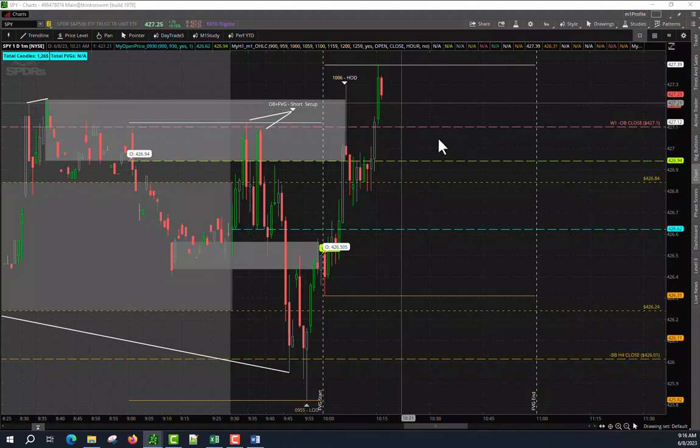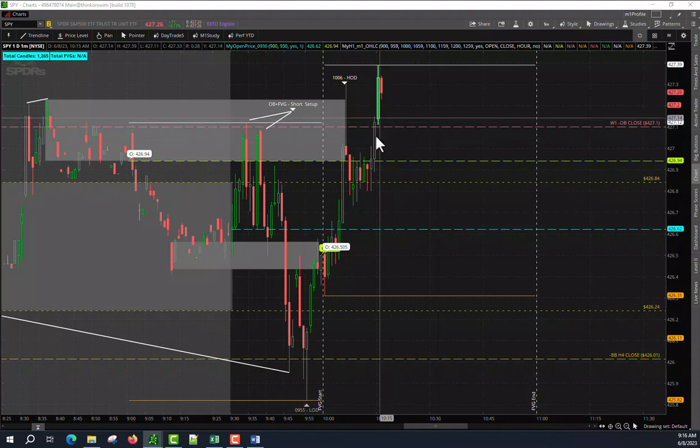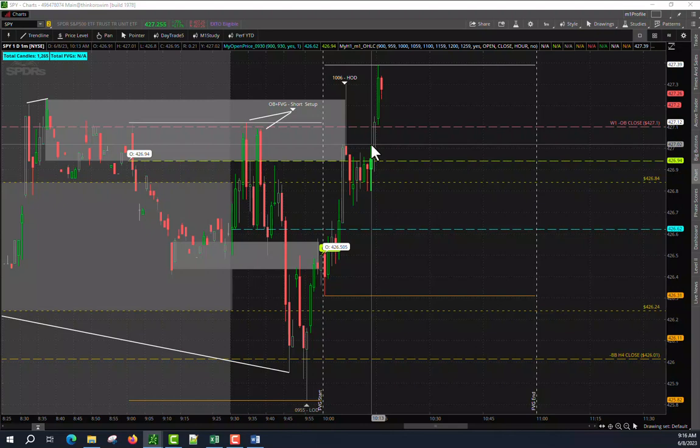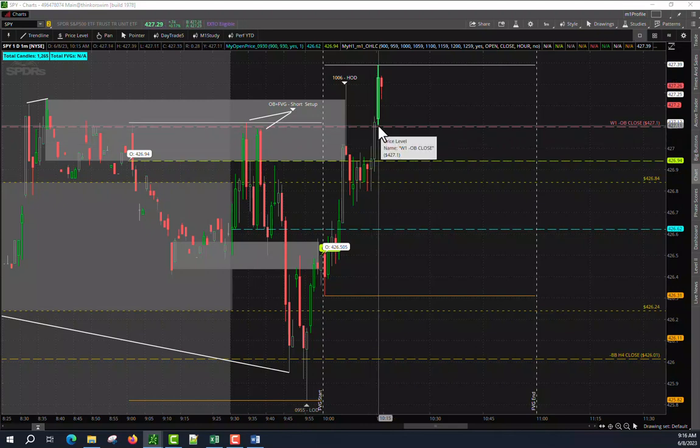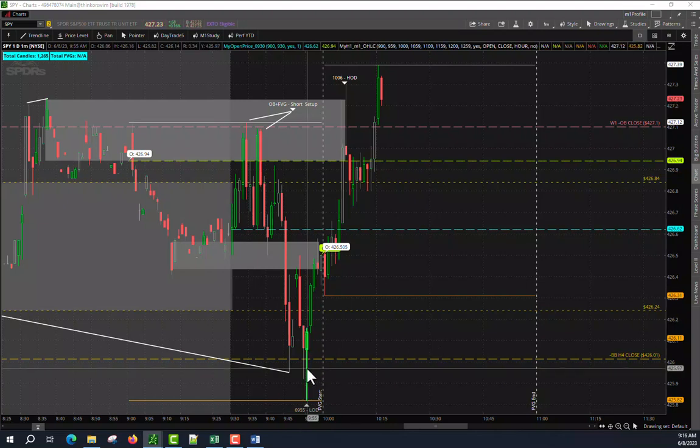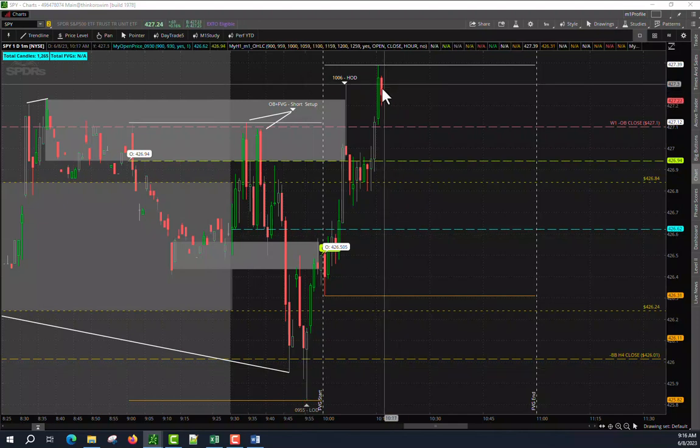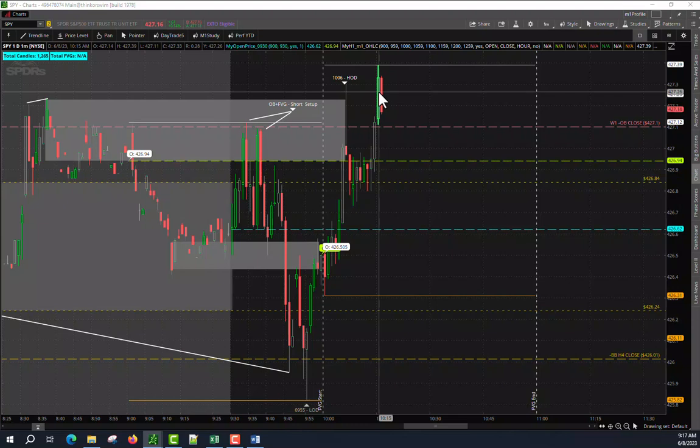Let's see if this order flow... Yeah, so likely this one is going to be the low of the day. So this one now is the high of the day.